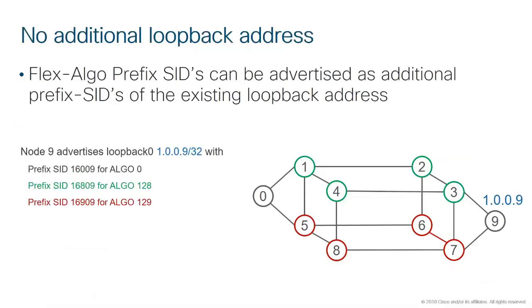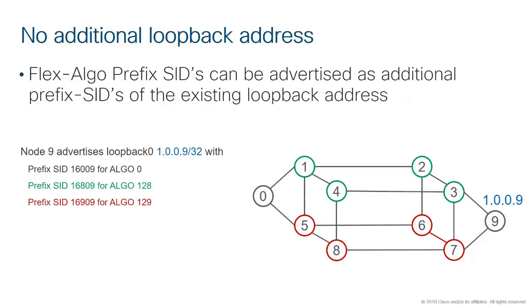Okay. The next point is that these additional prefix SIDs for these additional algorithms you are going to run on the segment routing network do not require additional IP addresses. That's very important. So if I am at node 9 and I have a loopback 1009/32, that loopback is going to be announced with three characteristics.